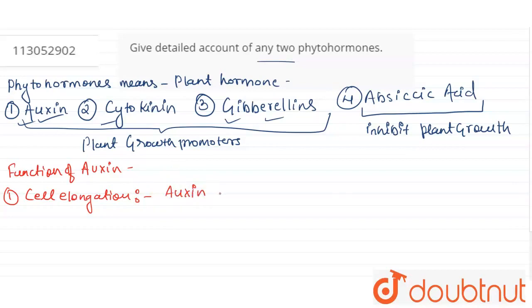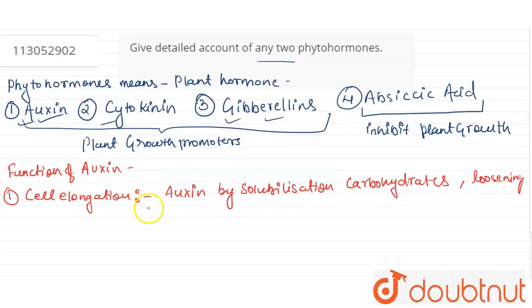Auxin causes cell enlargement by solubilization of carbohydrates, which leads to loosening of the cell wall.